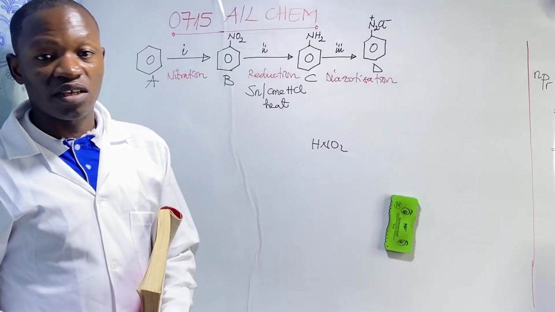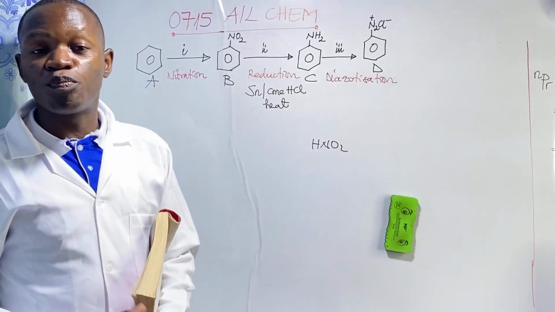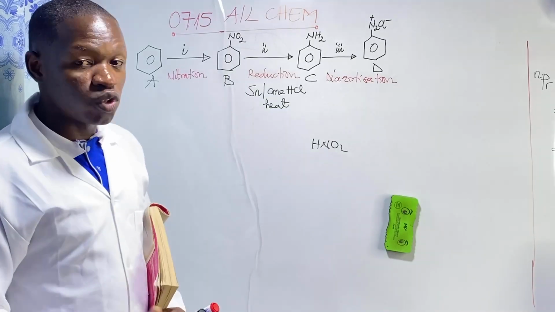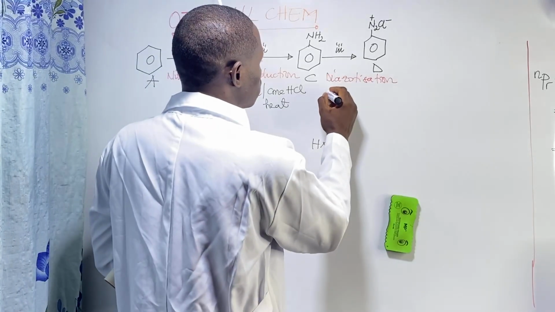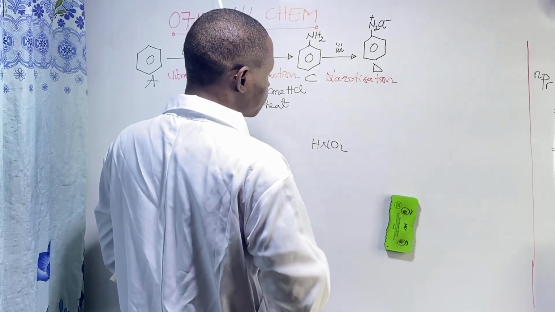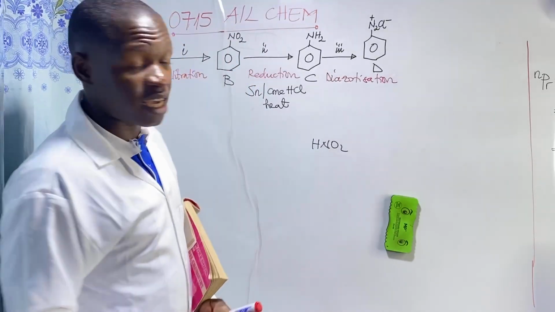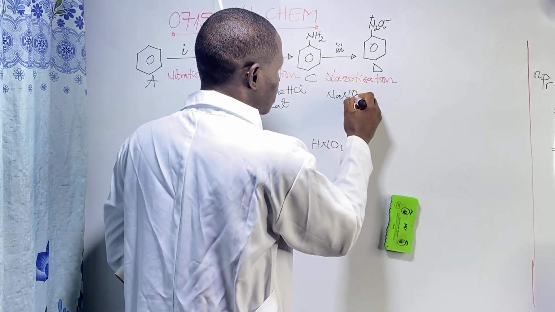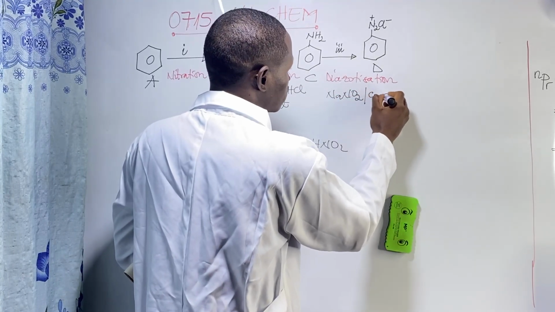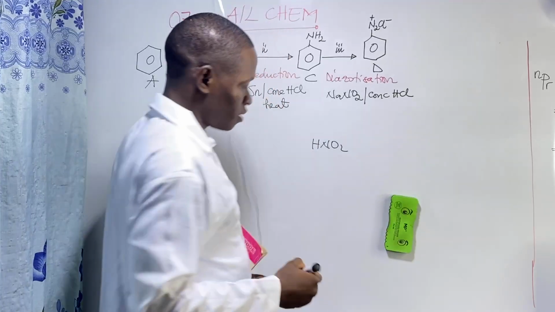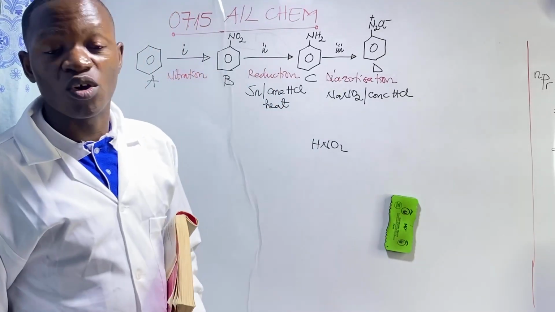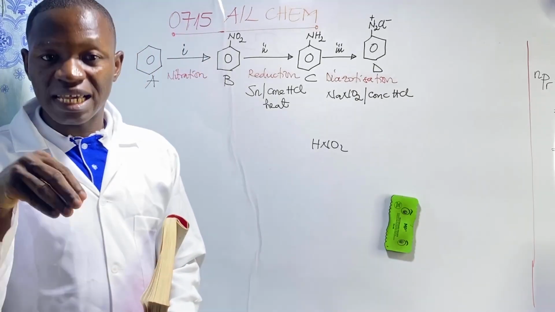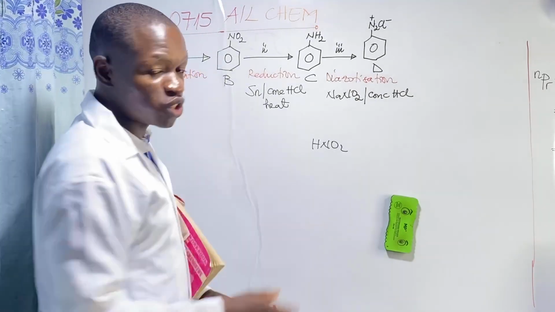But nitrous acid is a very poisonous acid, so we prepare it in situ in the reaction mixture. We use sodium nitrite and concentrated HCl. Sodium nitrite and concentrated HCl, that is the reagent. These two react in situ to produce nitrous acid.